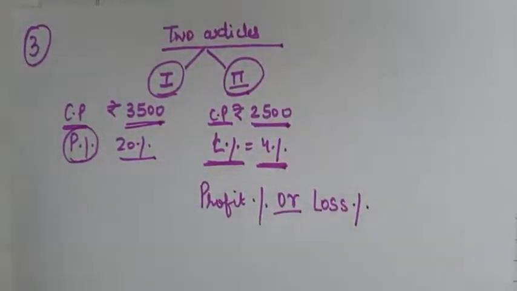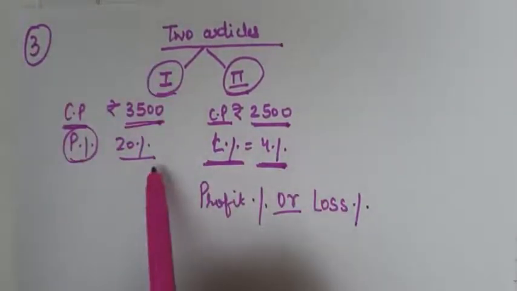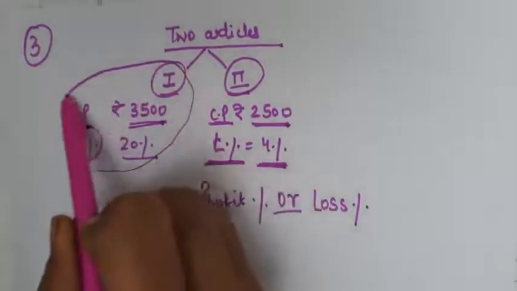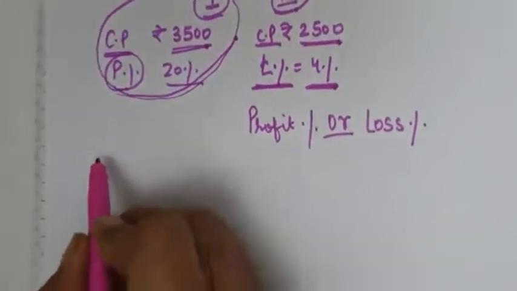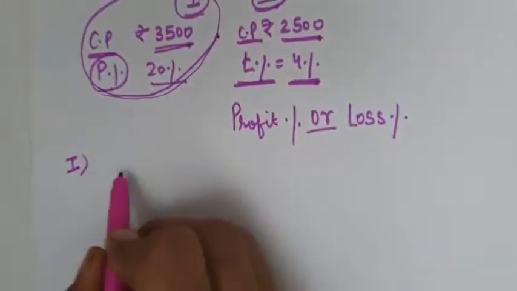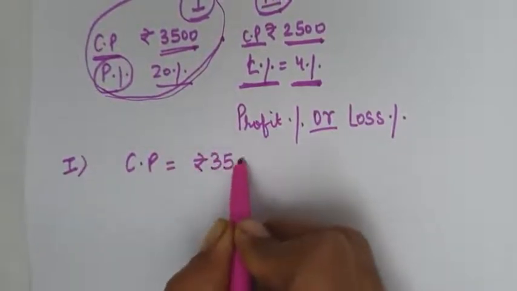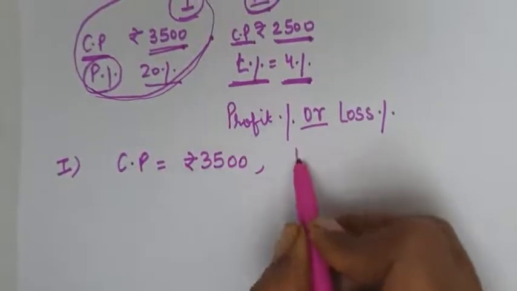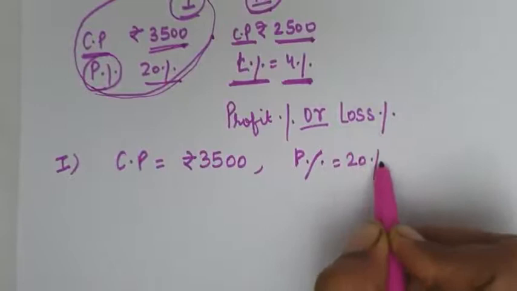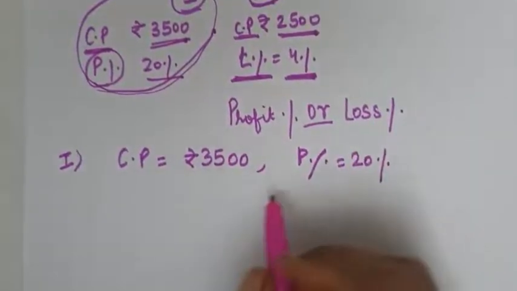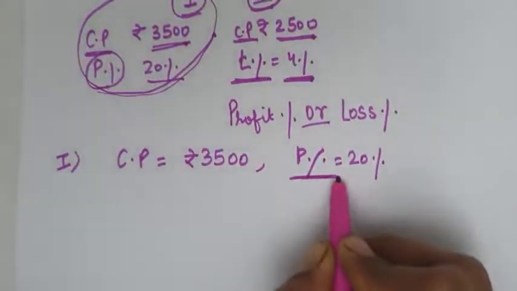So let us start. We will do this question stepwise. First of all, we will do the first case. Now in the first case, the cost price is given to you, 3500. Profit percent is given to you, 20%. So profit percentage is given. So which formula will we apply?